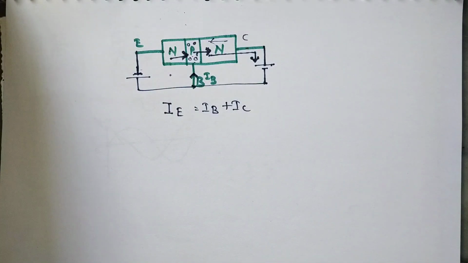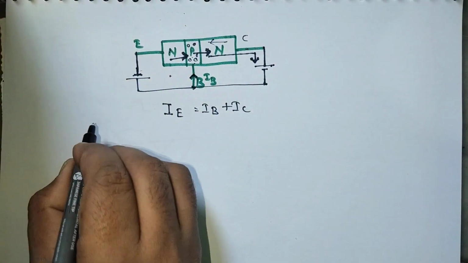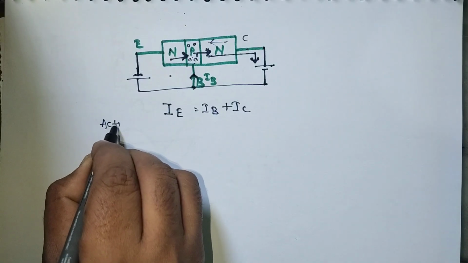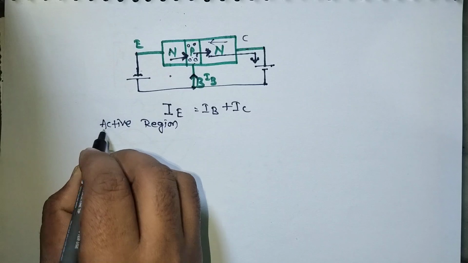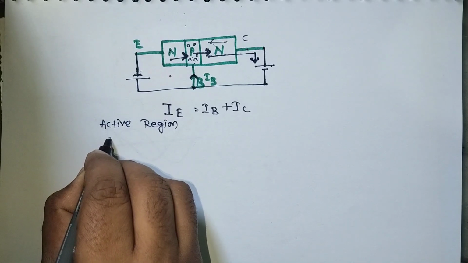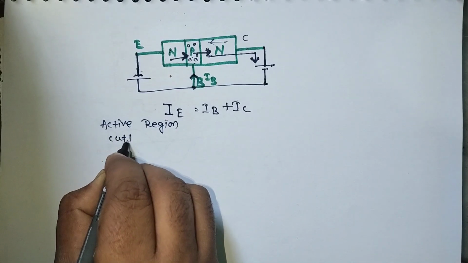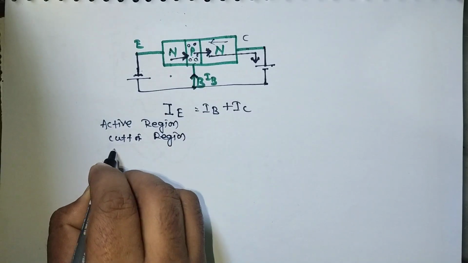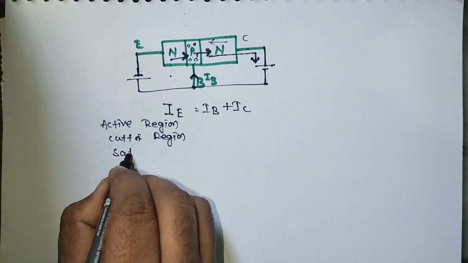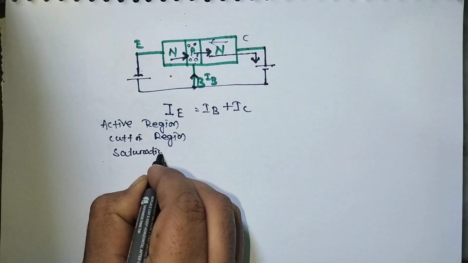Here we are going to discuss three regions. In the transistor there are three regions: one is the active region, another is the cutoff region, and another is the saturation region.